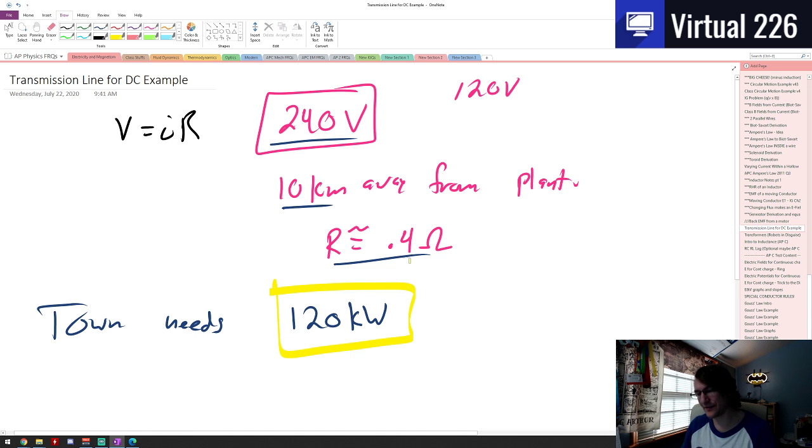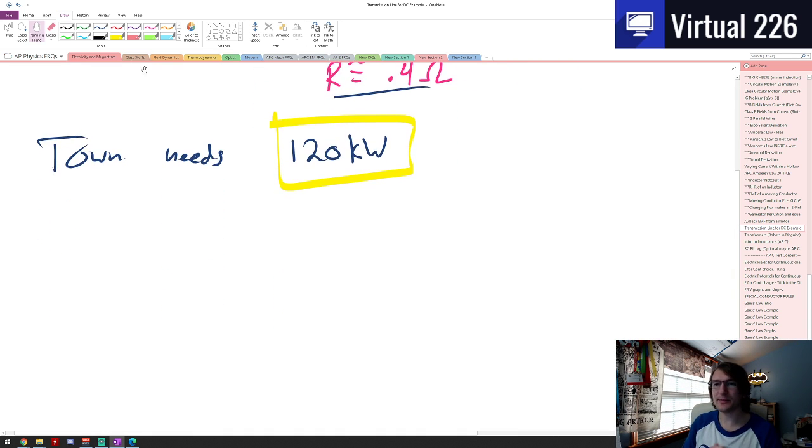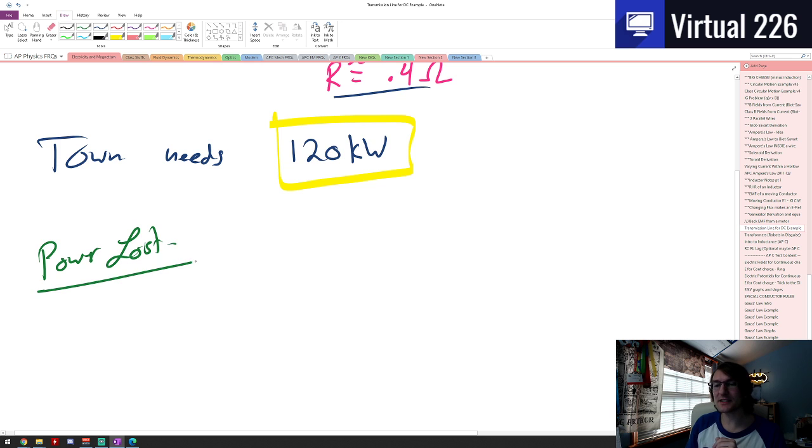And if I'm a power company, my real question is, how much power am I losing? Because if I need to send out electricity to the town, but I lose 100% of it on the way, I haven't really sent anything. But if all of it gets there, then we're happy. So what is the actual amount that we're losing? How much power are we losing here?